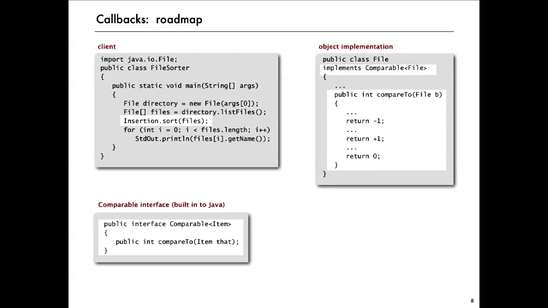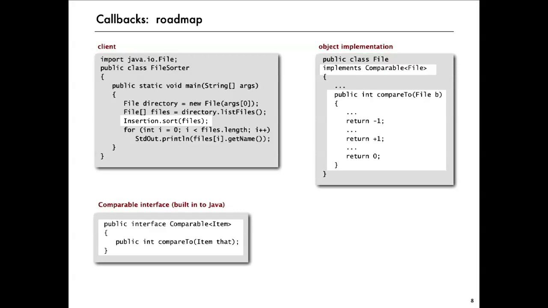Now, when we implement objects that are to be sorted, we'll implement the comparable interface. That's up in the top. Class File implements Comparable File. And since sorting is an operation that's used in so many situations, many of the standard Java types that you would expect to involve sorts will implement comparable.